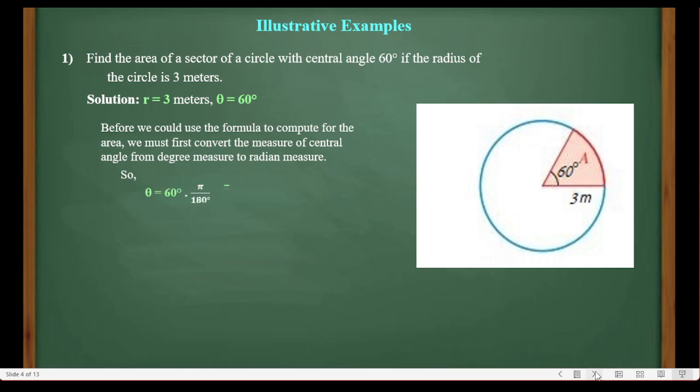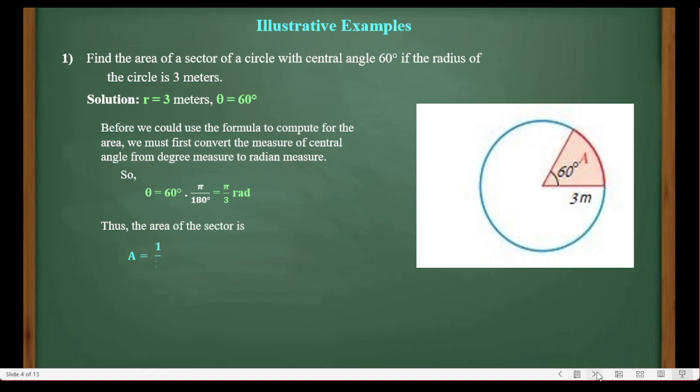So considering the measure of the central angle theta, which is 60 degrees, we simply multiply this by pi over 180 in order for the given angular measure to be expressed in radians, and that will give us pi over 3 radians. And this is what we're going to use for the computation of the area of the sector.